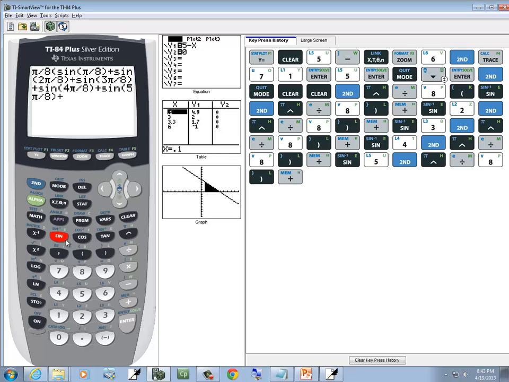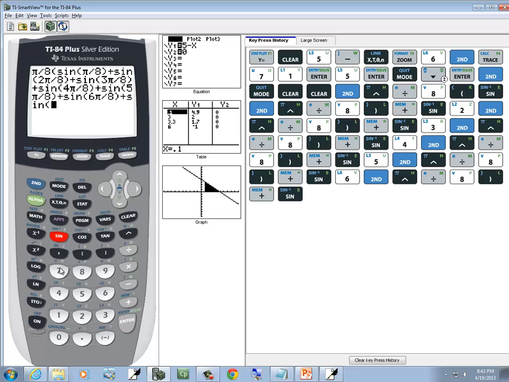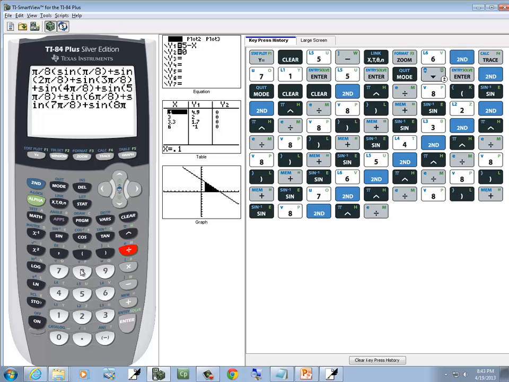Plus sine of 6 pi over 8 plus sine of 7 pi over 8 plus sine of 8 pi over 8.